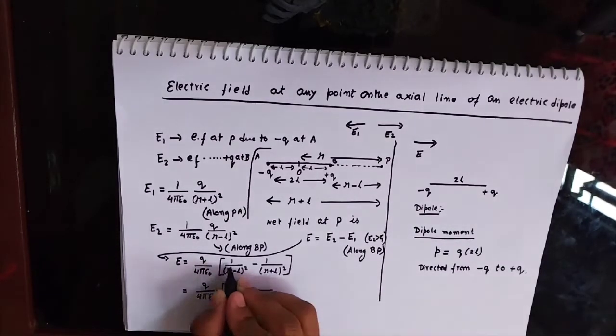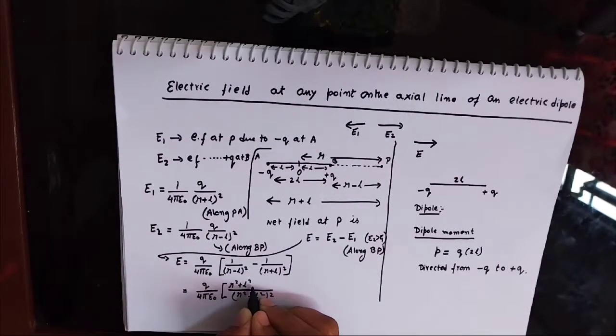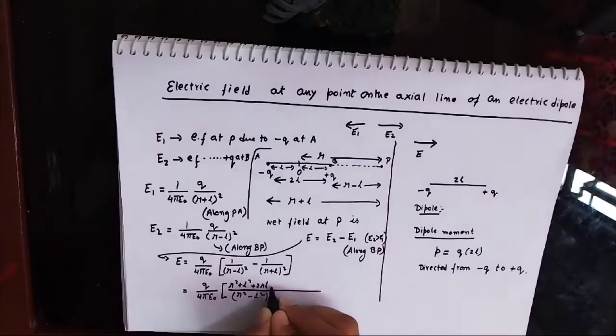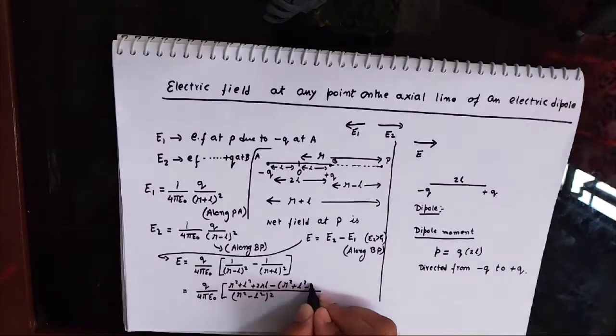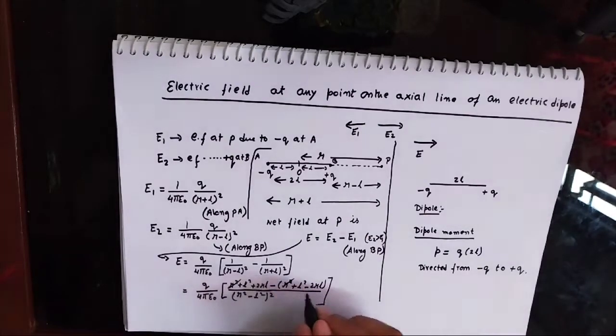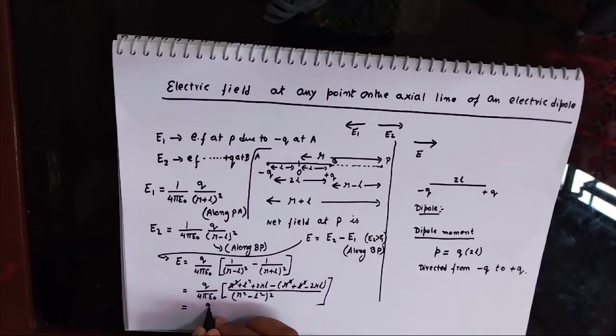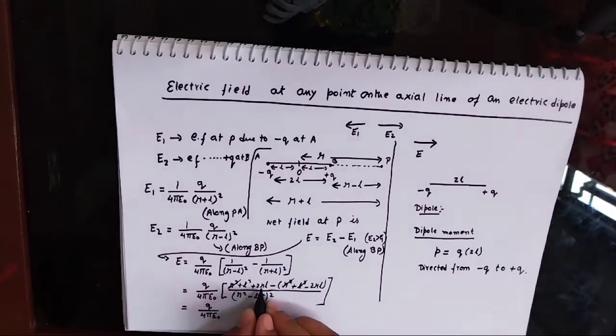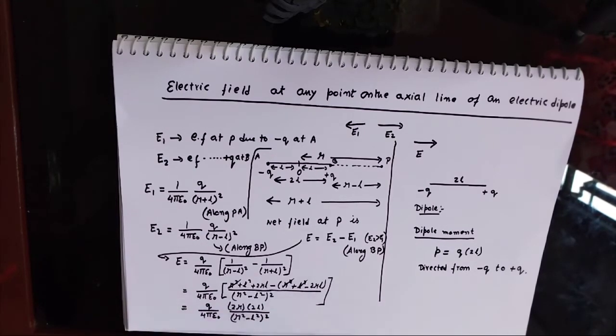If we cross multiply this one, we'll have R square plus L square plus 2RL, then minus, for this, R square plus L square minus 2RL. So this R square goes, L square goes, and we will have Q by 4 pi epsilon naught. Then instead of 2RL, we'll have 4RL. So instead of 4RL, I can write 2R into 2L divided by (R square minus L square) whole square.